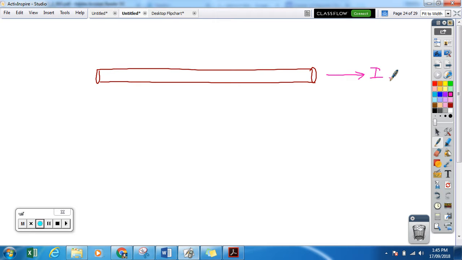And if we use our right-hand grip rule for a straight conductor, our thumb points in the direction of the current, and our fingers point in the direction of the circular magnetic field that is surrounding our straight conductor.